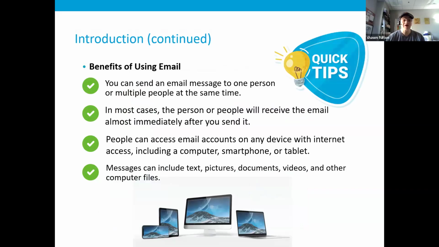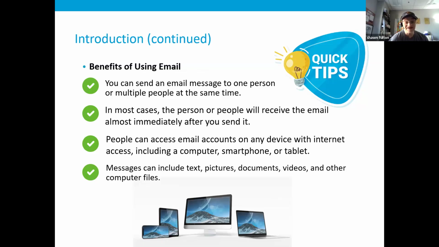Introduction to benefits of using email. You can send an email message to one person or multiple people at the same time. In most cases, the person or people will receive the email almost immediately after you send it.